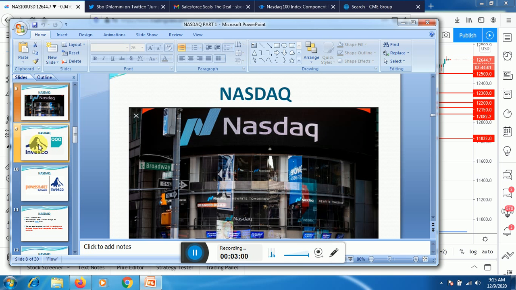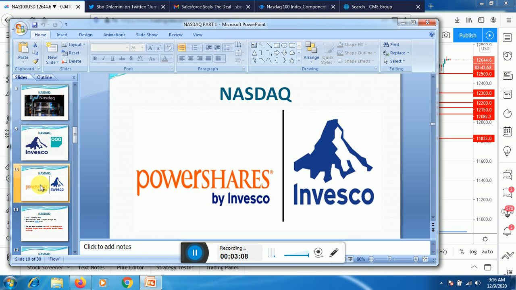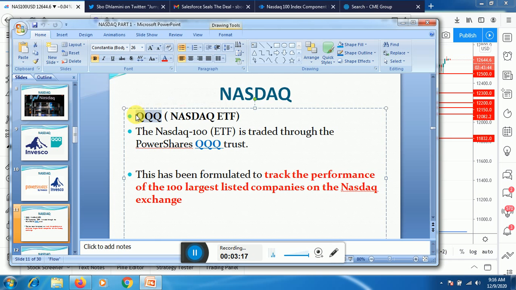There's another one that is called the Invesco QQQ Trust. Some others say it's a PowerShares ETF. This one is an exchange traded fund, you know? Its ticker code is QQQ. So this one is a NASDAQ ETF, né?